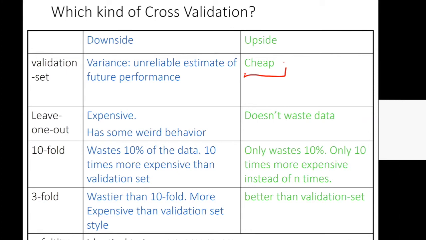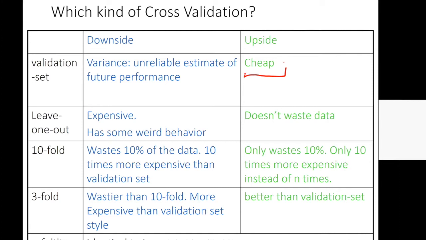It doesn't waste data. But if you have so many data points and only one point is left out, your model almost has no differences. You train n different models, but they are almost the same model.